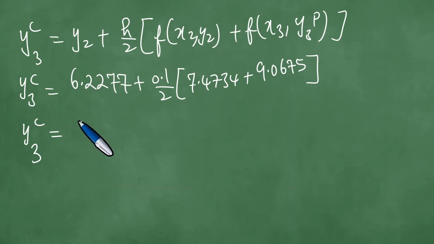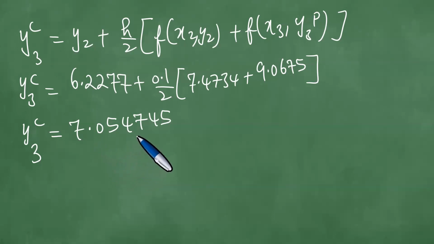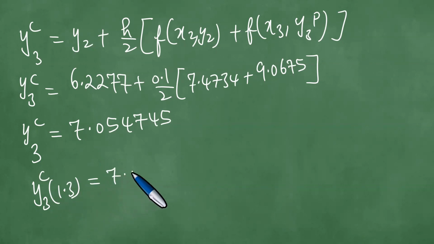What is the answer? 7.0545. Okay, correct answer. This means this y3 is evaluated at 1.3, which is the corrector.